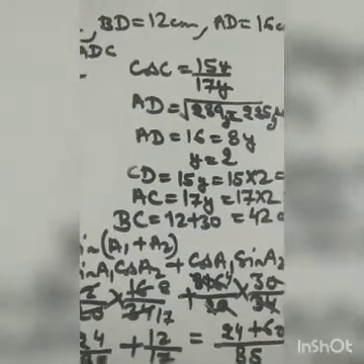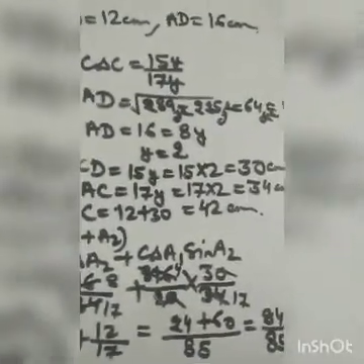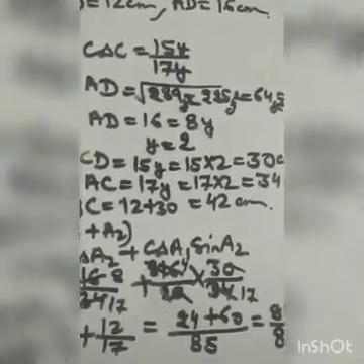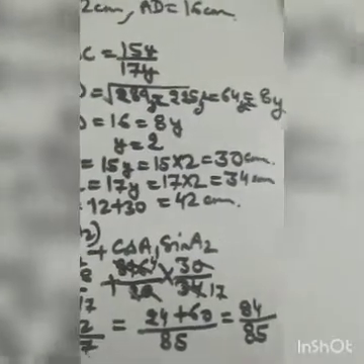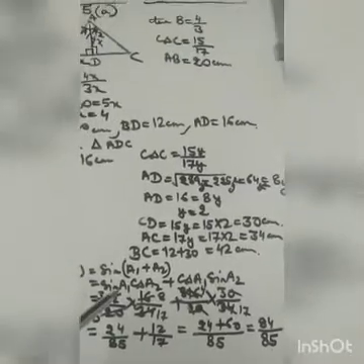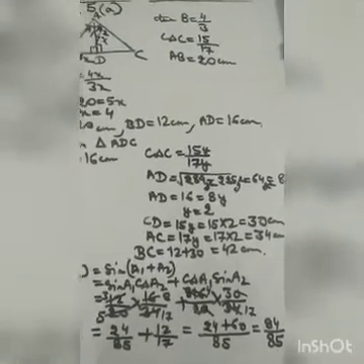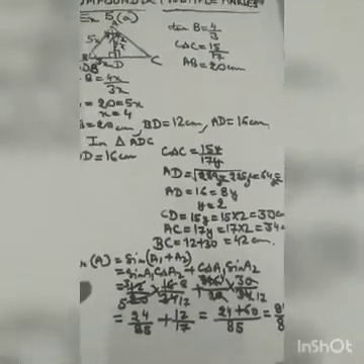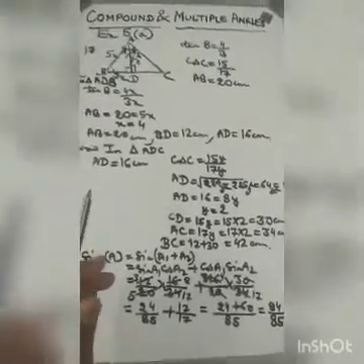So take LCM. LCM will be 85. Hence 24 plus 60 will be in the numerator. You are getting 84 upon 85 as the final solution for sine A. Hence sine A is 84 upon 85.